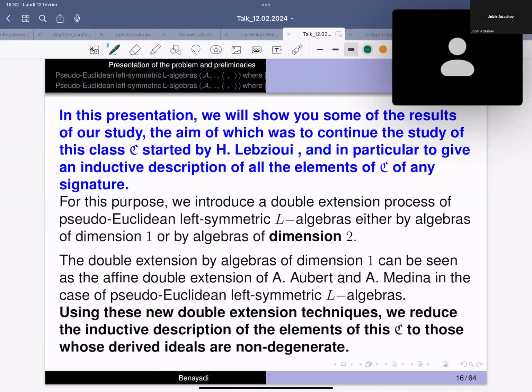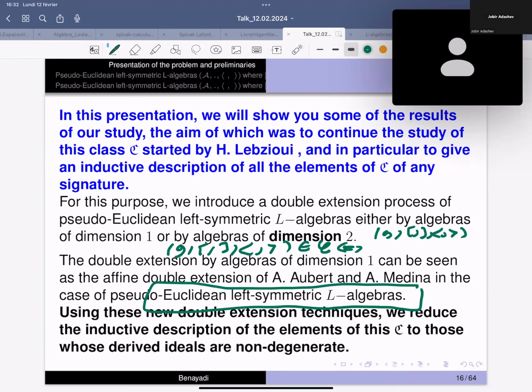In the case of pseudo-Euclidean Lie algebras and left-symmetric algebras, let us remark that it is very easy to verify that a pseudo-Euclidean flat Lie algebra in this condition C is exactly left symmetric, not symmetric but flat.